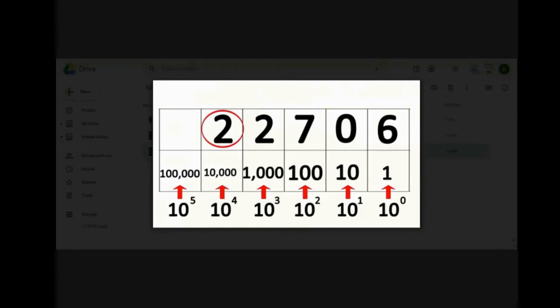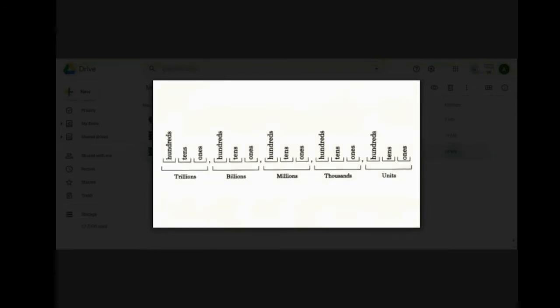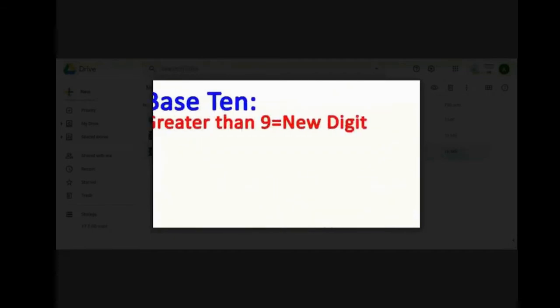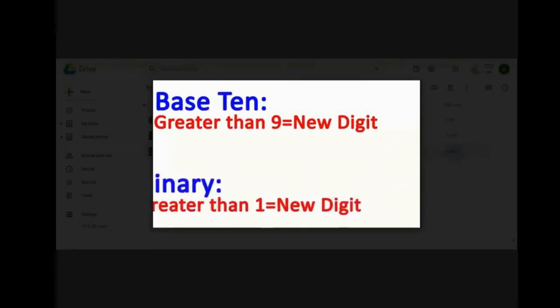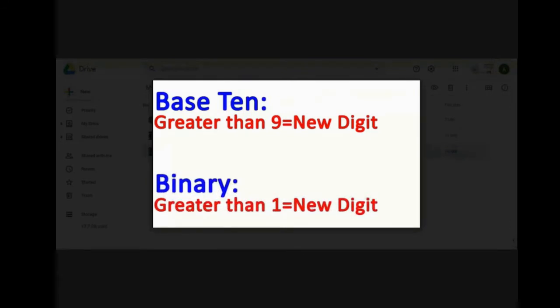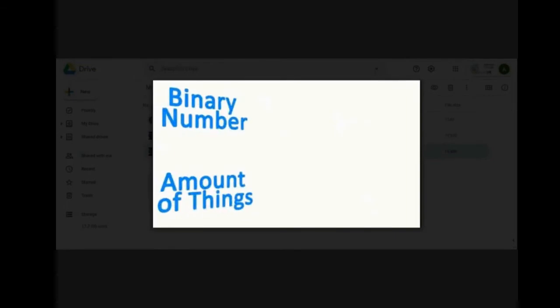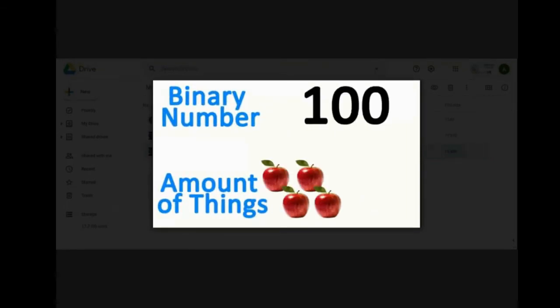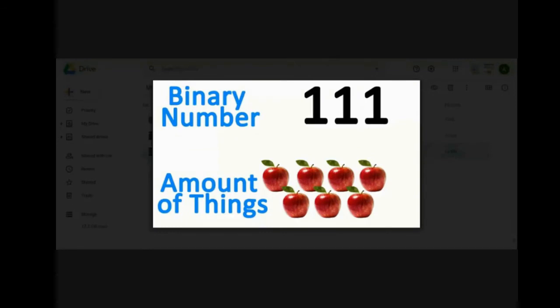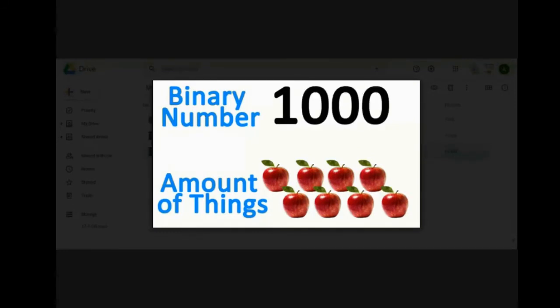Now this is probably something you already know, but it's very important to keep it in mind when we talk about binary. Now binary works the exact same way as base 10 positional, but instead of each digit going from 0 to 9, it goes from 0 to 1. Counting upwards in binary sounds like this: 0, 1, 10, 11, 100, 101, 110, 111, and 1000.